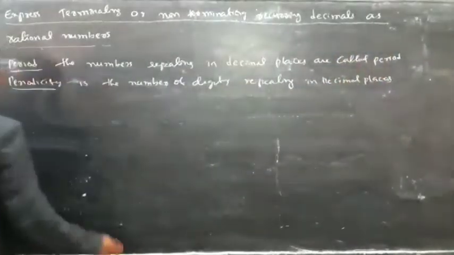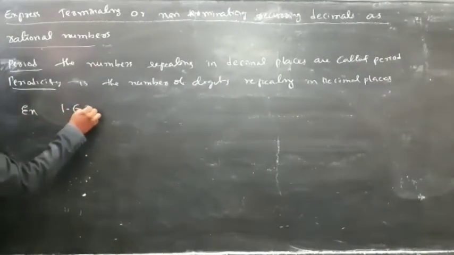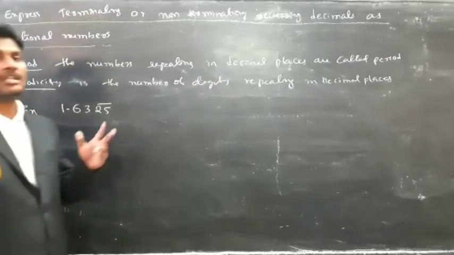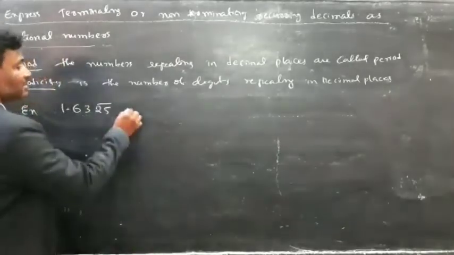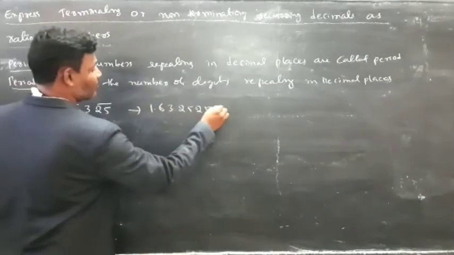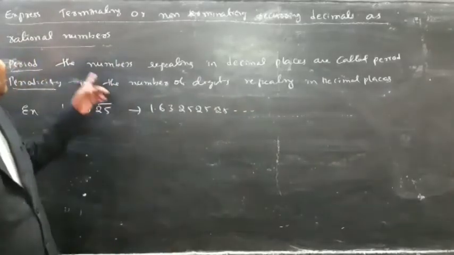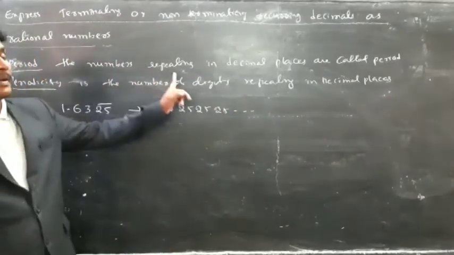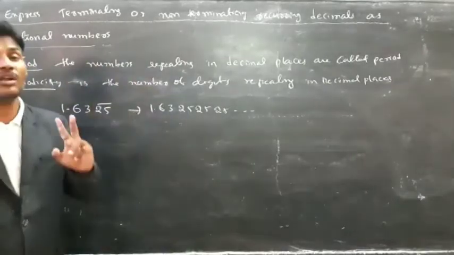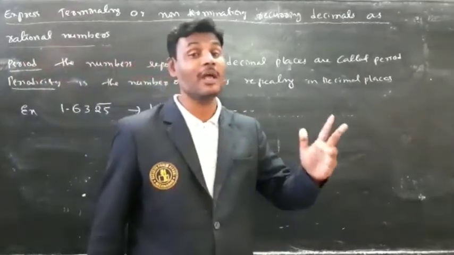For example, 1.6325 bar, it means 1.63252525 and so on. What is the meaning of period? The numbers repeating in decimal places are called the period.